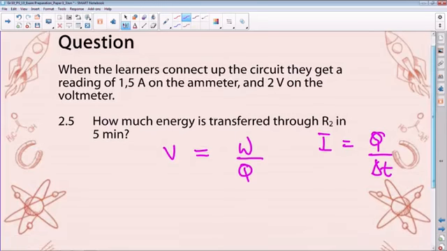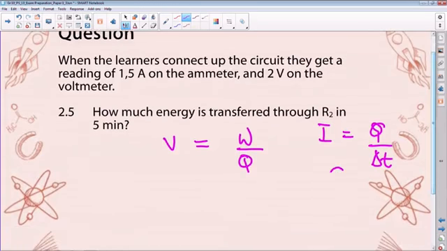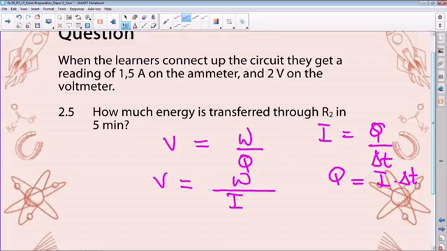So if you make Q the subject, Q is equal to I delta T. Having made the substitution, V will be equal to work, or energy transferred, over current multiplied by delta T. So if we make W the subject, work or energy transferred will be equal to voltage multiplied by current multiplied by time, right?